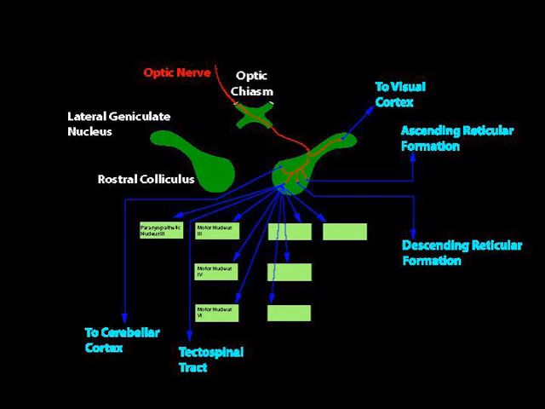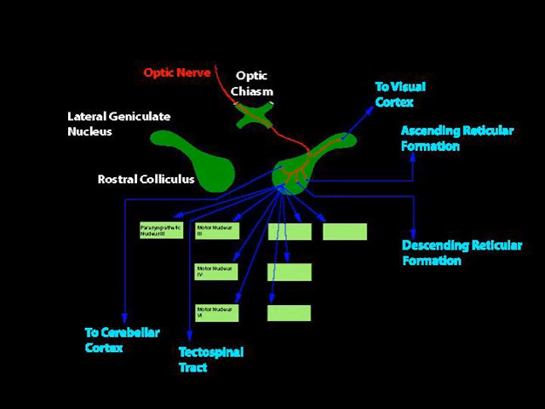The axon in blue, leaving the lateral geniculate nucleus and going to the visual cortex, is the concentric cell. And you can see nothing much happens there. But if you look at what's going on in the rostral colliculus, you'll see that the information from the ganglion cell is diverging into lots of different neurological pathways. And the information is going to where it's needed.